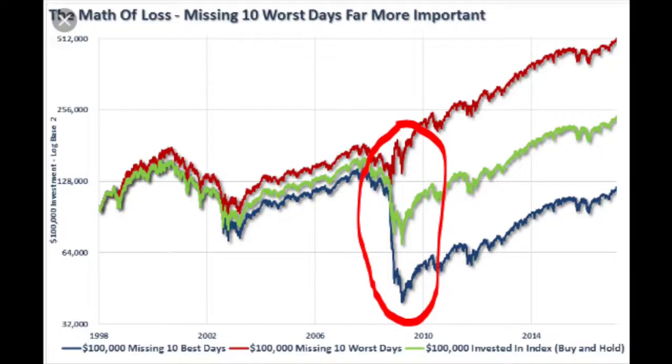Because if you look at this, the best and the worst days all happened in a very short period of time in 2008-2009. October 2008, we had crazy up and down days. So it would be selling your whole portfolio on Monday and buying the portfolio again on Tuesday. So that's something practically nobody can do.